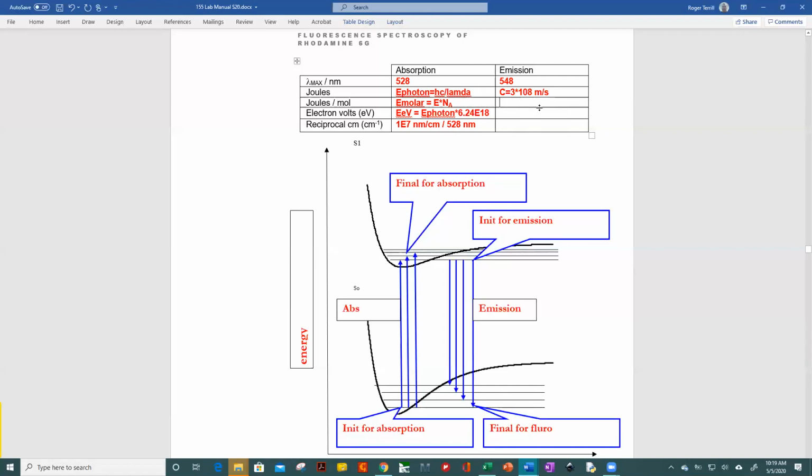So if you got 528 nanometers, just say 528 times 10 to the minus 9 meters, and divide that into 3 times 10 to the 8th meters per second, and then multiply by h, which is 6.626 times 10 to the minus 34 joule seconds. Capital H, little h, darn you.